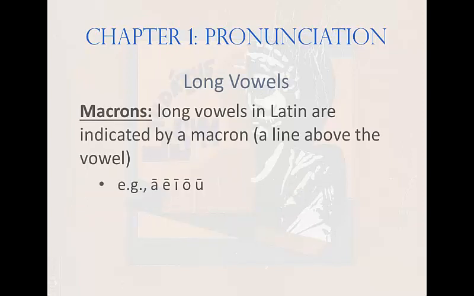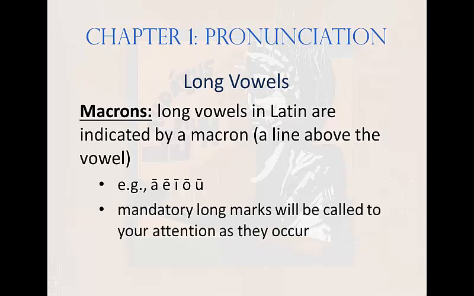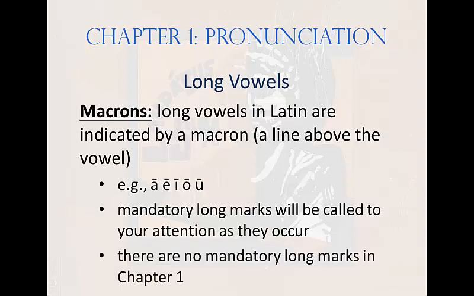Long vowels are indicated by a macron, that is, a line written above the vowel. When vowel length matters in the determination of grammatical forms, it is referred to as a mandatory long mark and must be indicated. We'll call mandatory long marks to your attention as they occur, and just for the record, there are no mandatory long marks in Chapter 1.